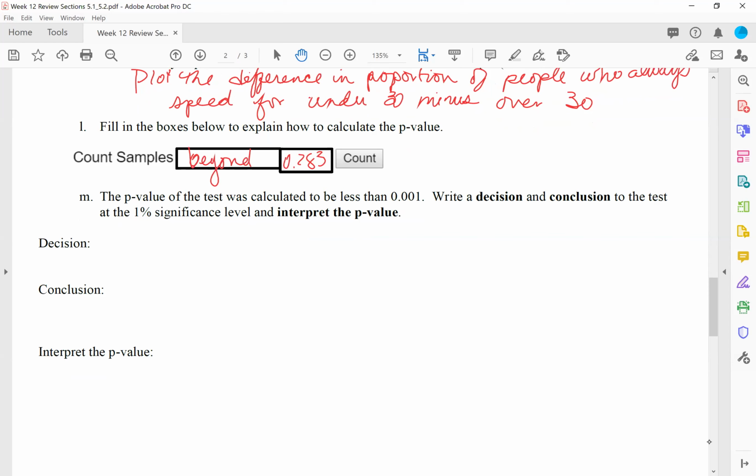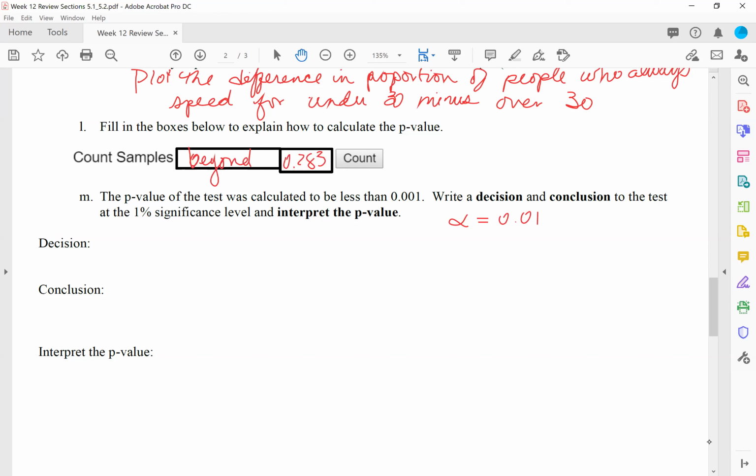So what would our decision be at a significance level of 1%? That tells me my significance level is 0.01. Is our p-value less than or greater than 0.01? Less than.